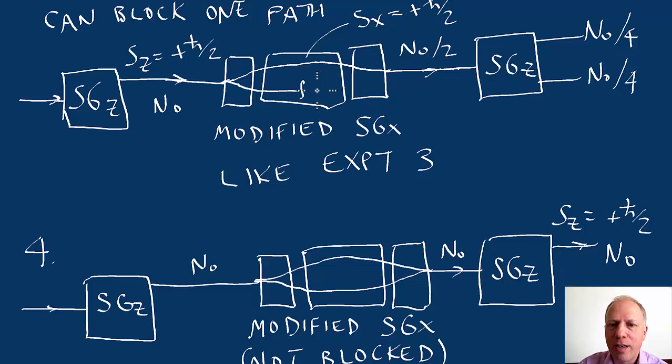In the upper setup, I have a beam blocked, and if I remove this barrier, I obtain the lower setup. When I remove a barrier, fewer particles, namely no particles, come out of the SGZ device lower output. By unblocking a path, I have reduced the number of particles coming out of this output.